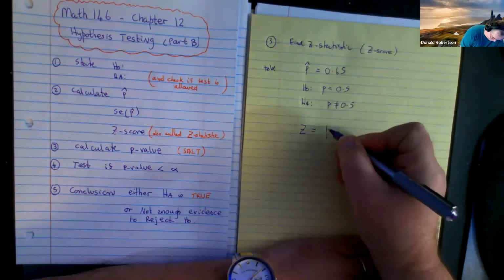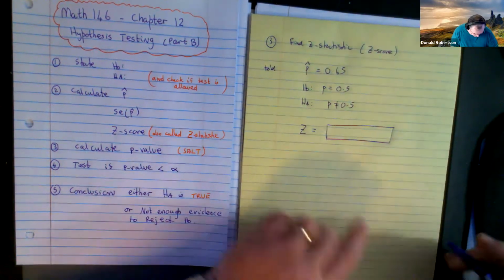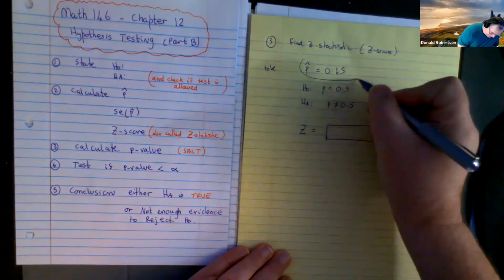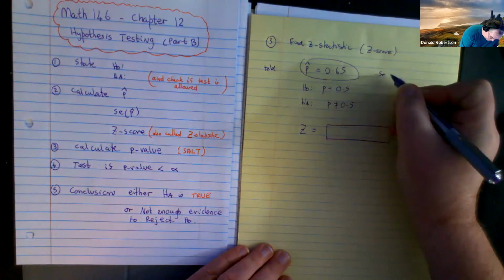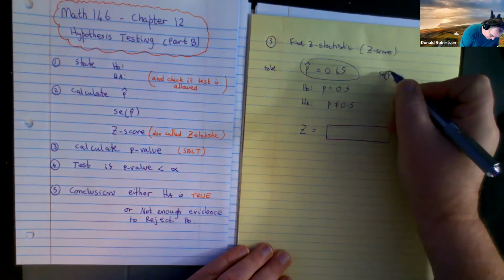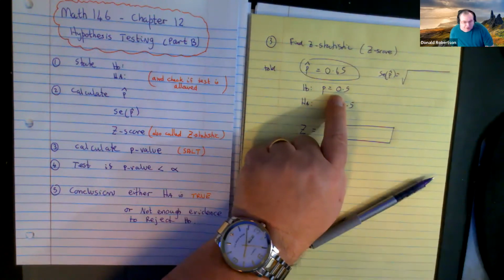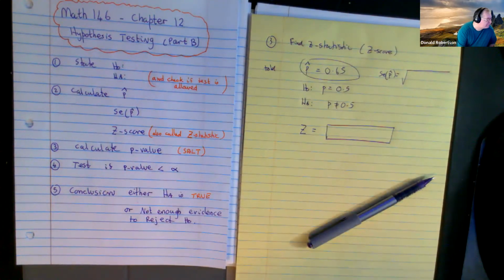So your answer is going to go here. Everything I need is here. I already know that one. So what I'm going to get is the standard error of it, and it's the square root. Will I be using the 0.5 or the 0.65 in my standard error formula?